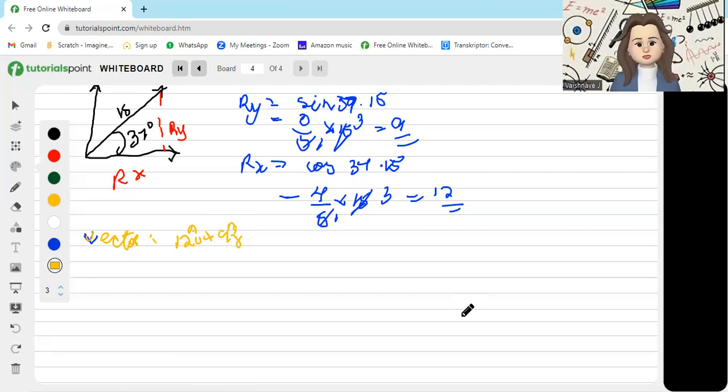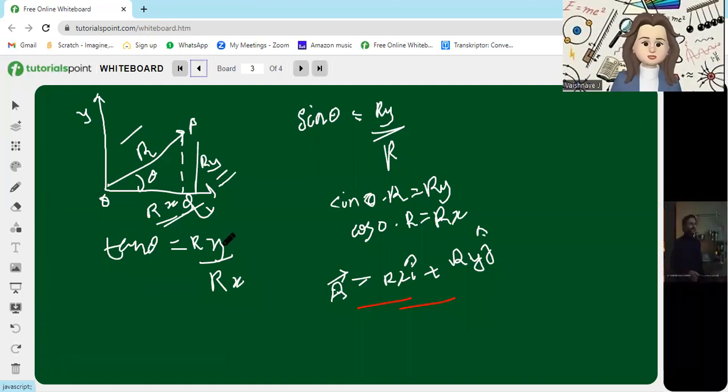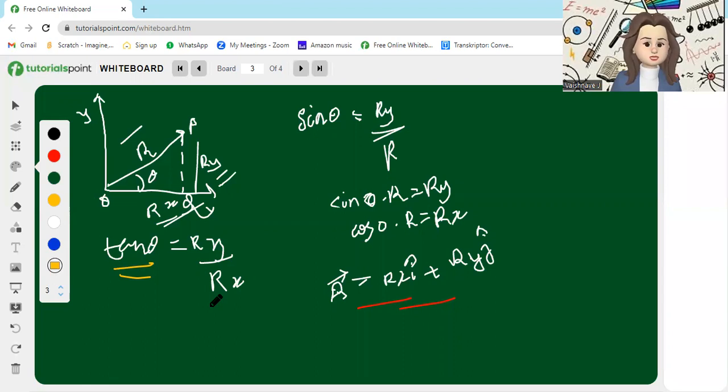Now I hope you are clear with the formula. There is a point here which you have to note down. I've told you that the tan theta formula is to find the direction of the vector r in a 2D figure. The angle made by r with the x-axis is tan theta, which is ry by rx.